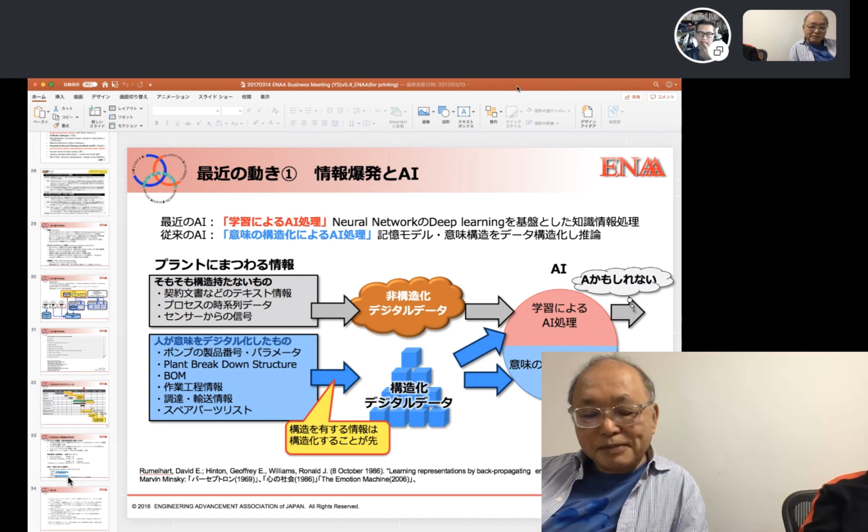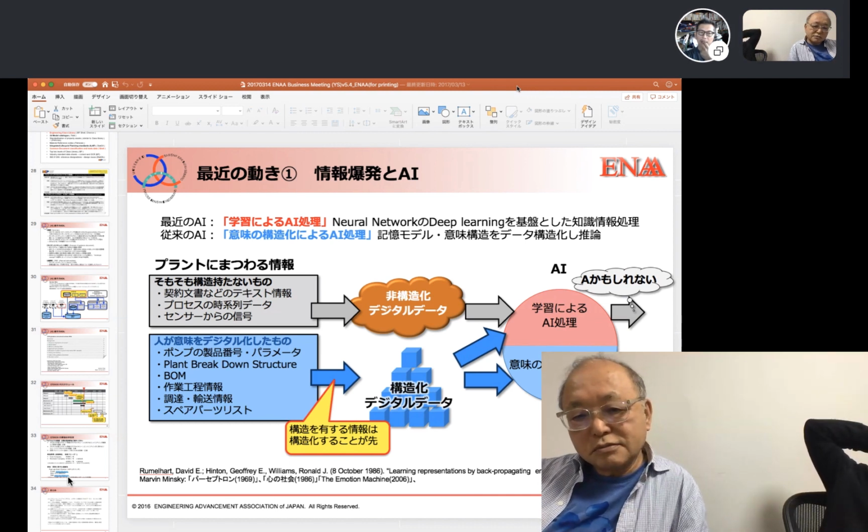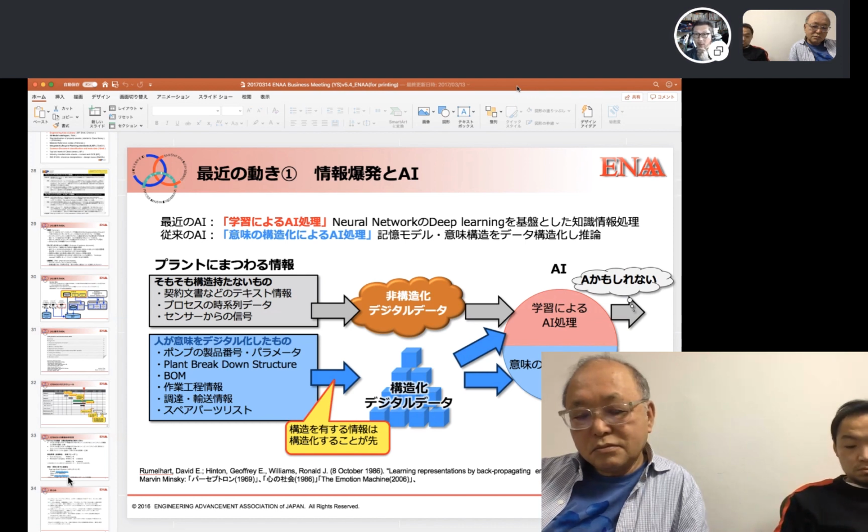Big data and analysis will be required to proceed with AI processing. The bottom line is the current machine learning AI is fundamentally based on statistics and pattern matching. That's all. So yeah, I understand. Okay.